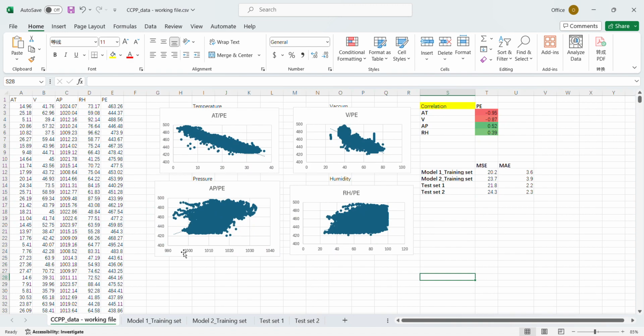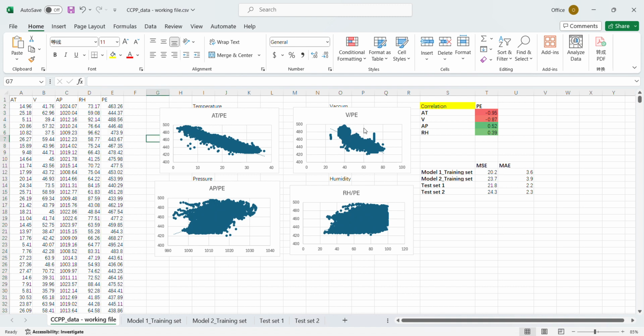And then for my model, I use two models, Model 1 and Model 2. The difference between Model 1 and Model 2 is whether I include the humidity factor here, because I did the correlation of each input with the final output.